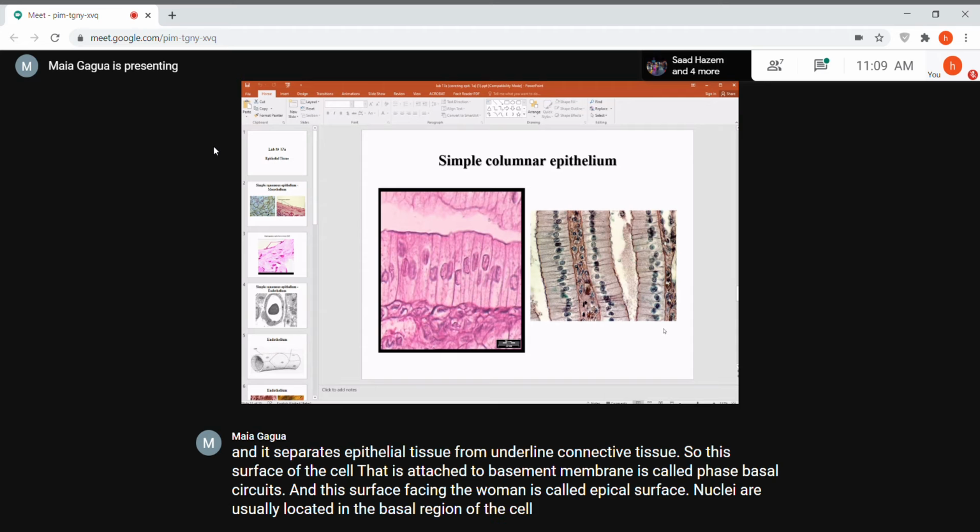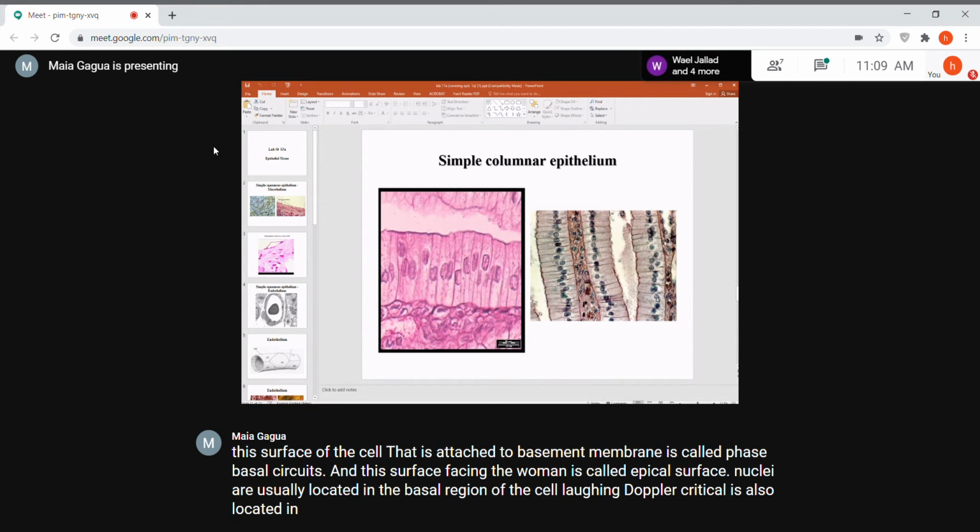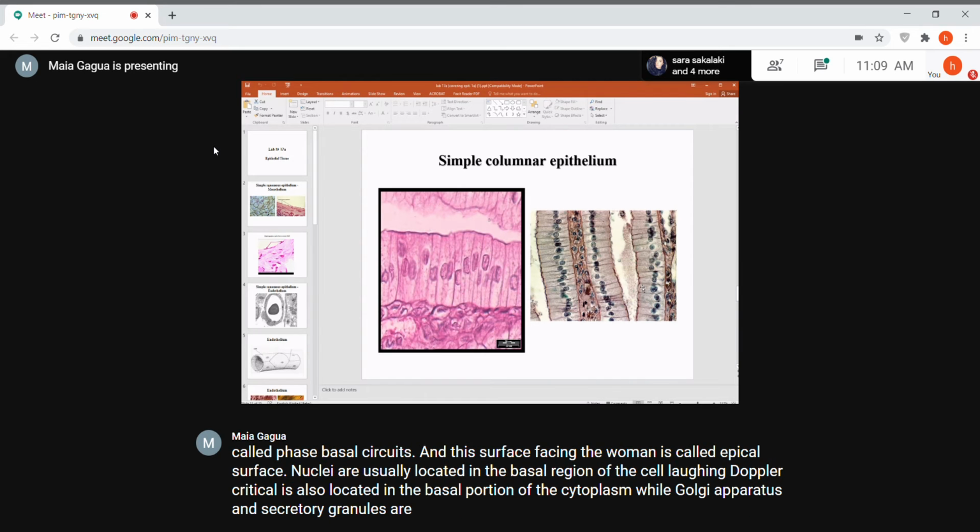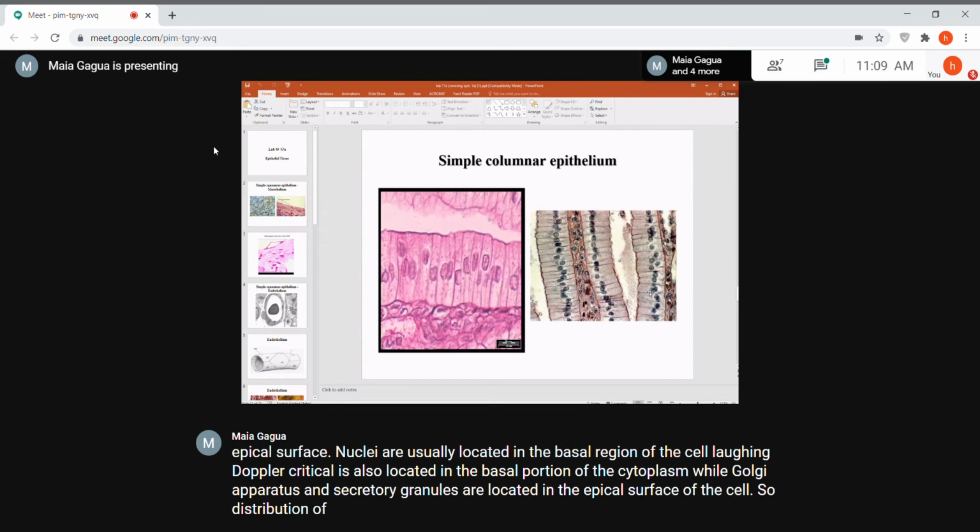Rough endoplasmic reticulum is also located in the basal portion of the cytoplasm, while Golgi apparatus and secretory granules are located in the apical surface of the cell. So distribution of organelles in apical and basal part of cells is different.